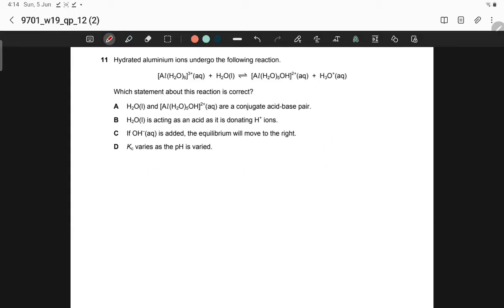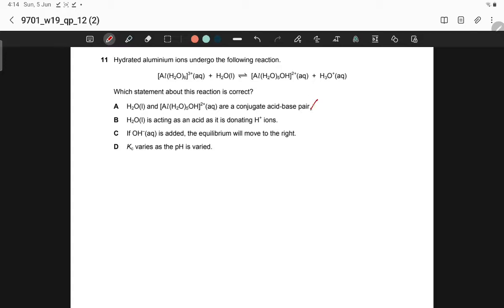Question 11. Hydrated aluminum ions undergo the following reaction. Which statement about this reaction is correct? Water and aluminum hydrate are conjugate acid base pair.